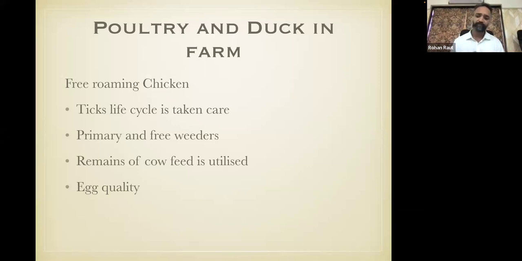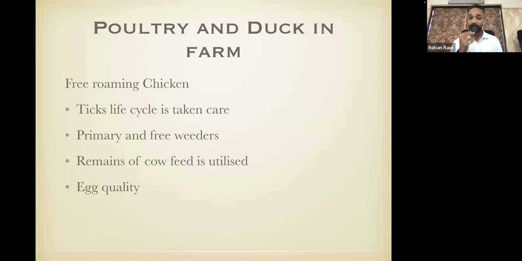After discussing with one of the senior veterinary doctors, he suggested I integrate chickens at my farm. So they took care of the life cycle of ticks. Literally, my tick problem was zero at my farm.